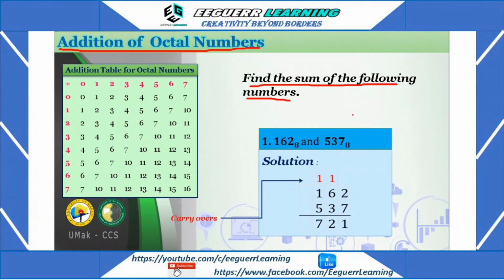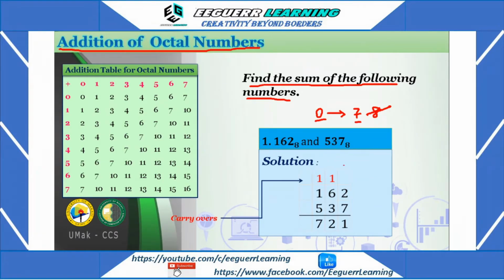Okay, our rule for octal is the number system will start from 0 to 7. So in octal there is no 8 value. Okay, so 8 is not allowed for octal. So only digits from 0 to 7.